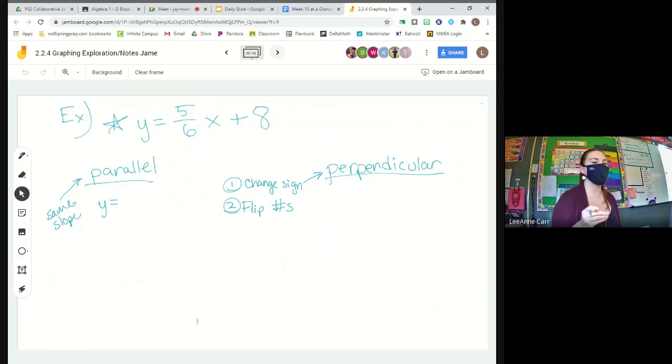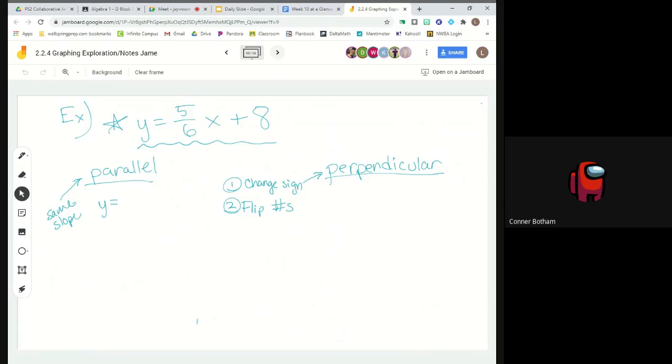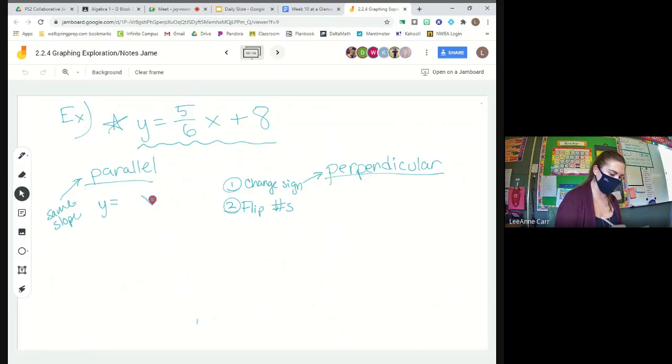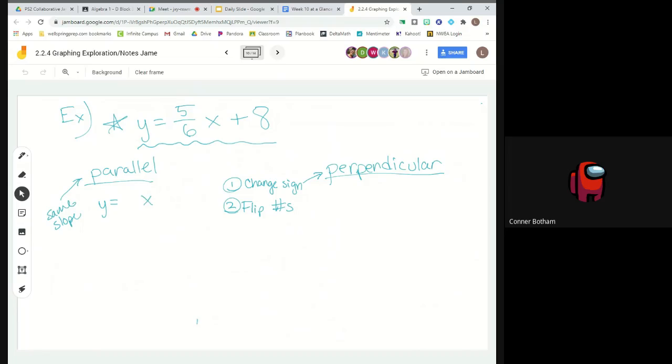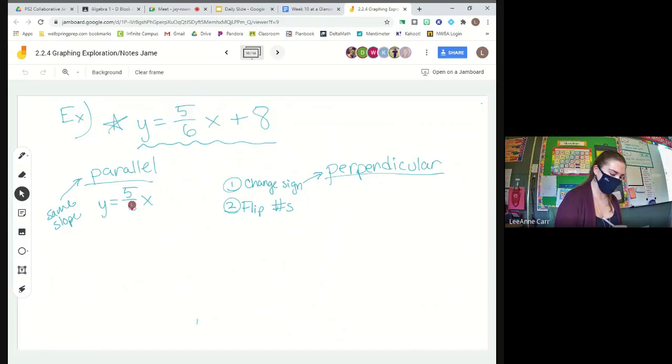Oh, you came up with your own set of parallel equations. I see what you did. Can you come up with an equation that would be parallel to the example I gave up here? Oh, yeah. Y equals 5x plus 99. Ooh, double check that slope. What should our slope be? Oh, yeah, 5/6. There you go. Plus 99, and I love that you just picked a random number. Again, the slope is the only thing that matters.